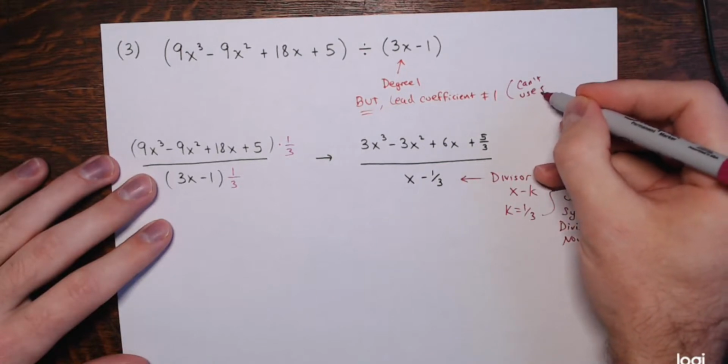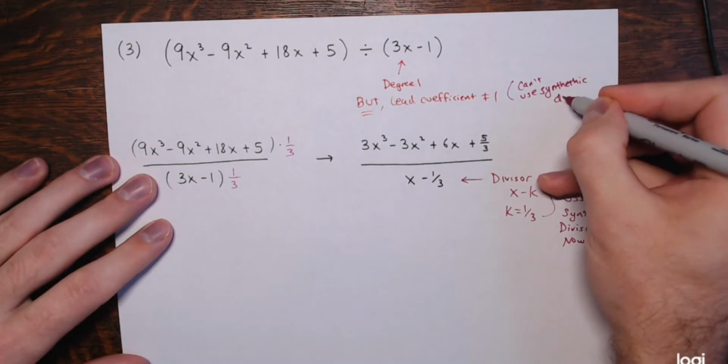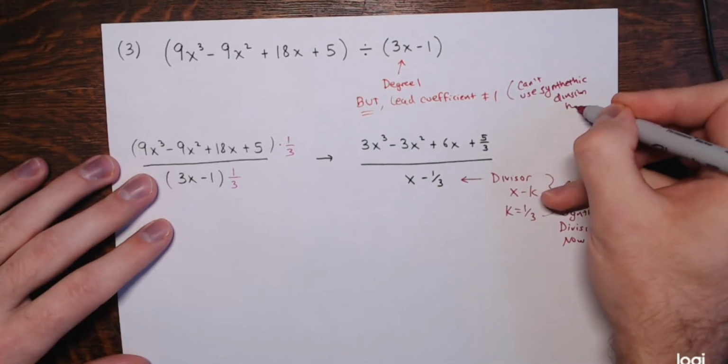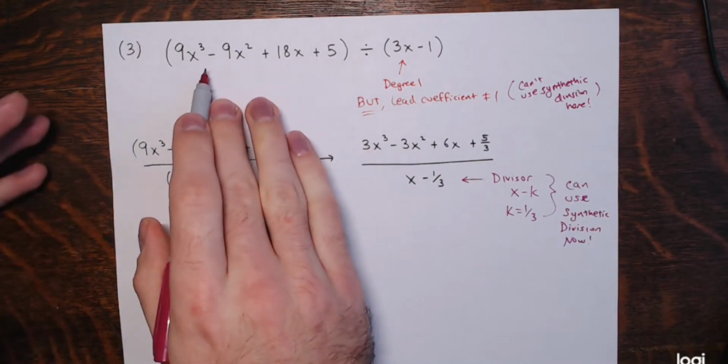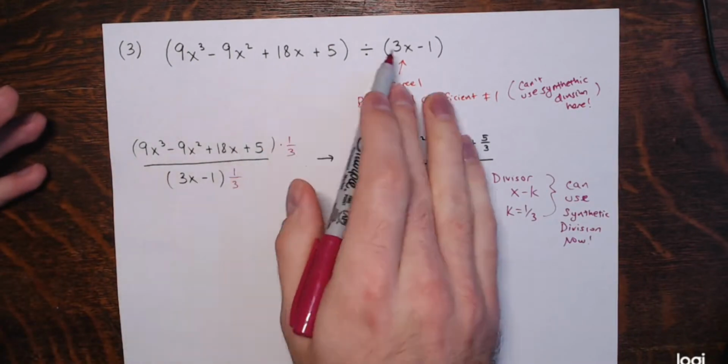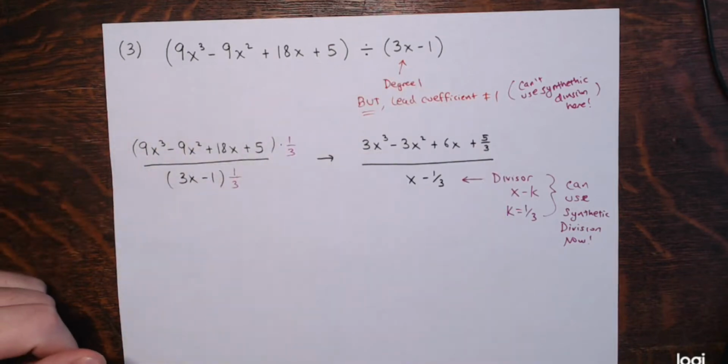So unfortunately, we're going to be working with some fractions here. But after multiplying the dividend and divisor by a third, or dividing the dividend and divisor by 3, same thing, you put it in a form that you can use synthetic division.